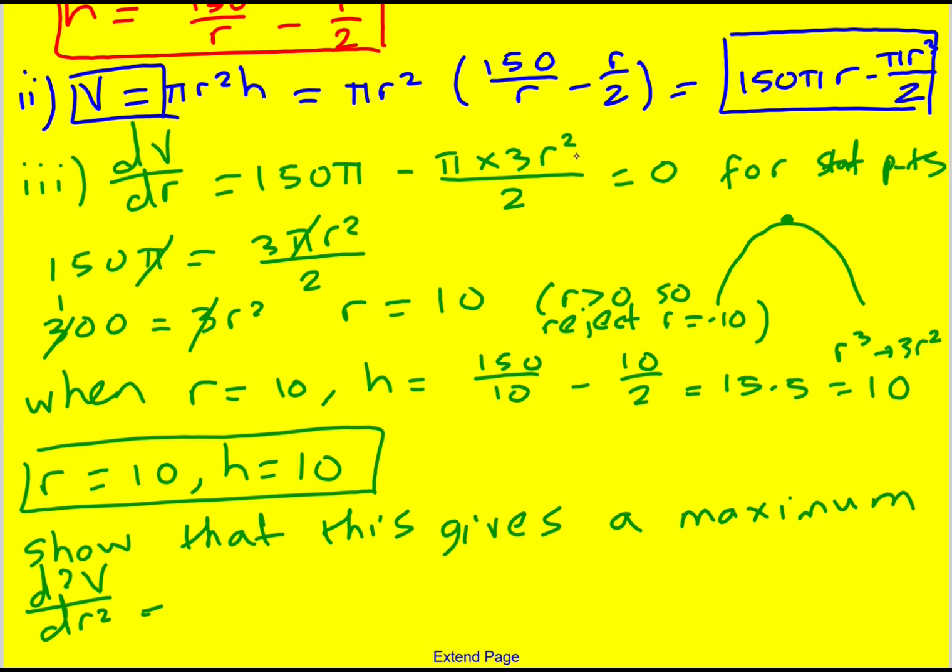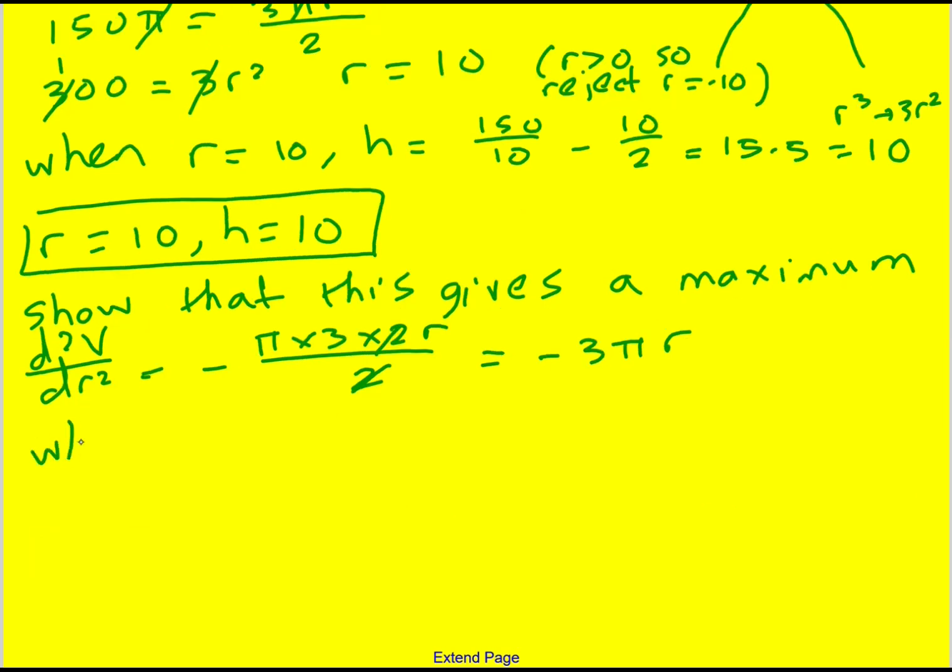The r squared differentiates to 2r, so I'm going to get minus pi times 3 times 2r over 2. The 2's are going to cancel. I'm left with minus 3 pi r. When r equals 10, the second derivative is going to equal minus 30 pi.